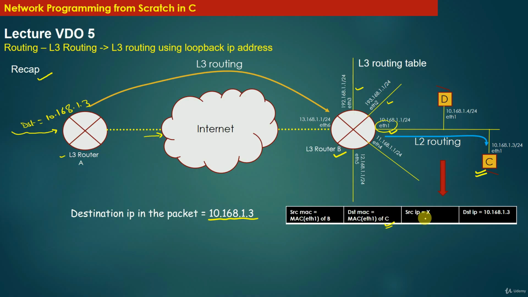The source IP address here is irrelevant. You can assume any value of the source IP address and it will remain unchanged throughout the packet journey. And similarly, the destination IP address of the packet, as we have assumed, will be 10.168.1.3.